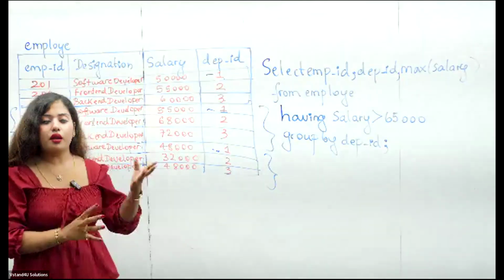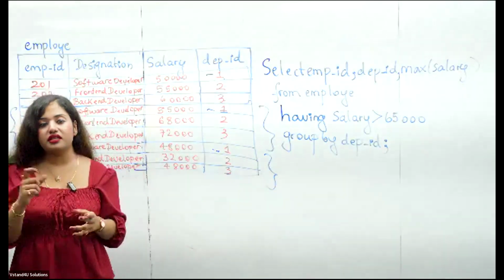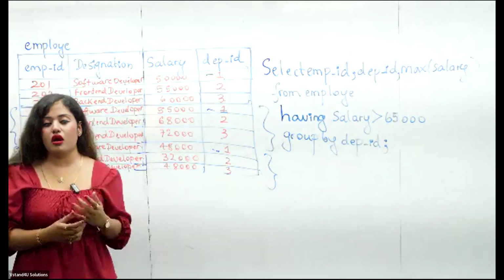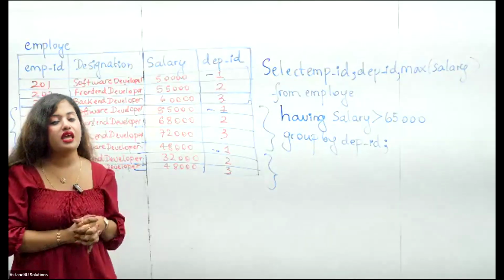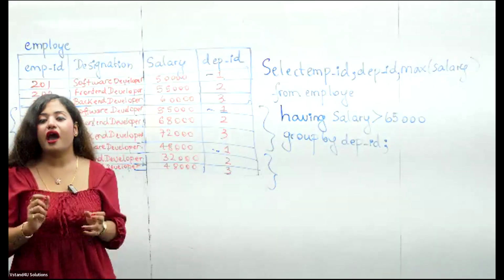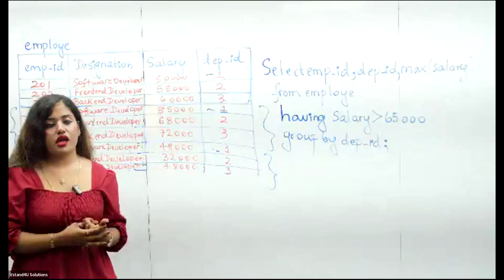For a normal table, whenever you want to write some condition, you will use where clause. But only in group by clause, when you are using any condition, you have to use having clause. Clear? Done.